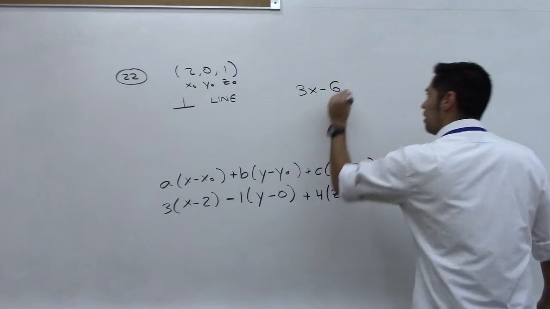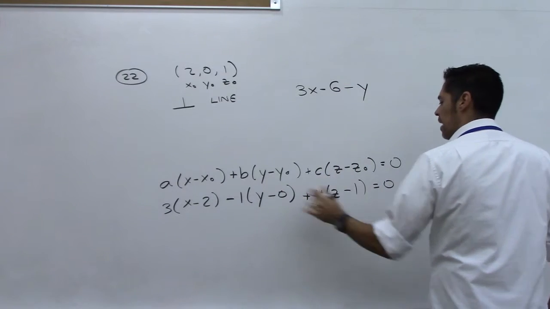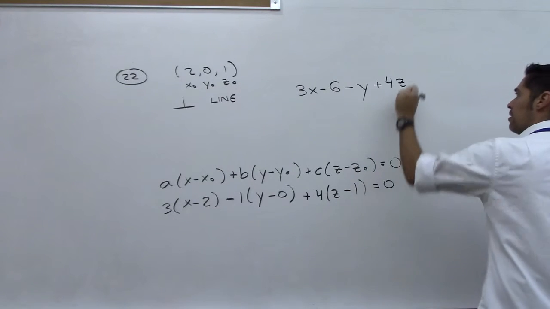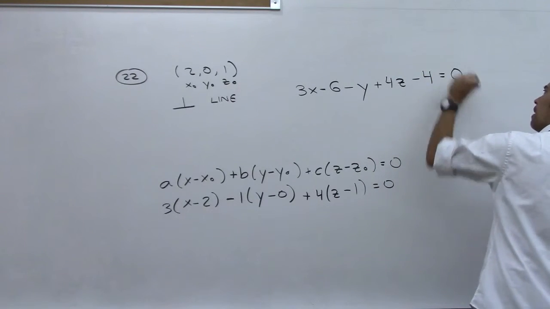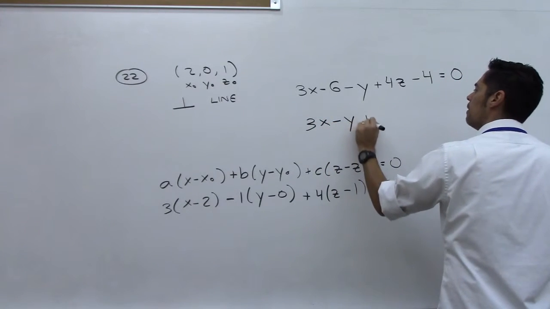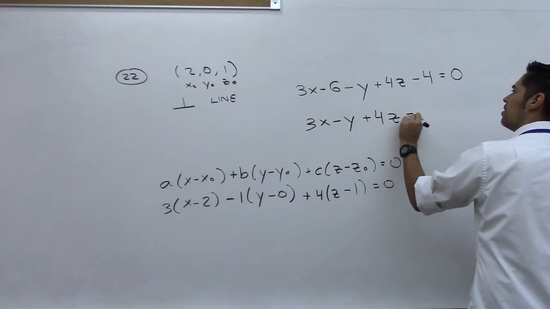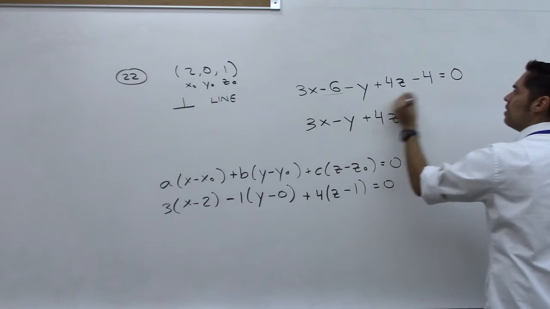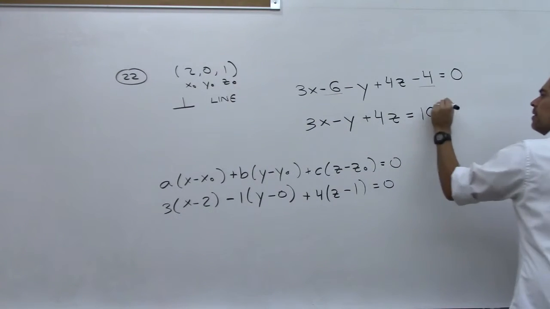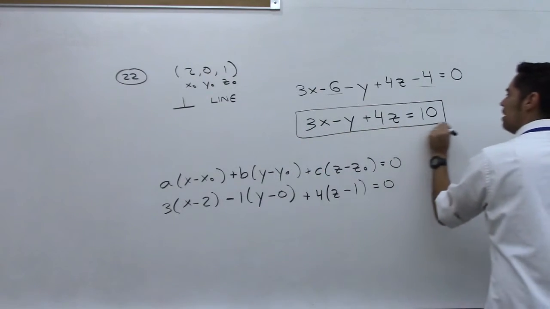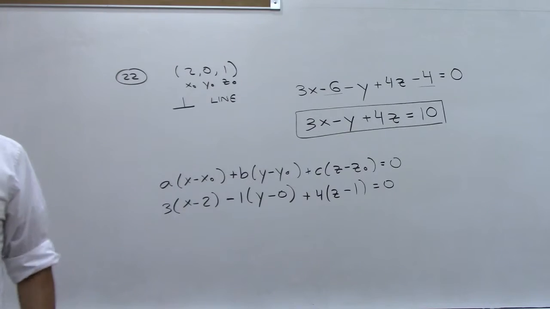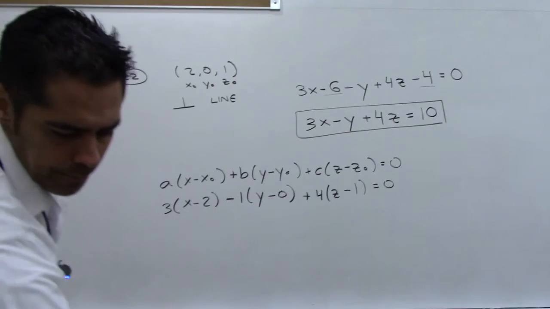Distribute -1 through here, we get -y, and then the 0 doesn't matter. And then plus 4z, and then minus 4 equals 0. And get all the variables on one side, all constants to the other side. -6, -4 is -10, take it to the other side, 10. This is the equation of the plane that passes through that point and is perpendicular to the line that was given to us.